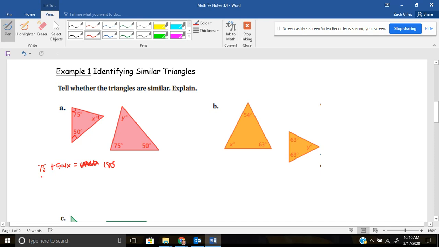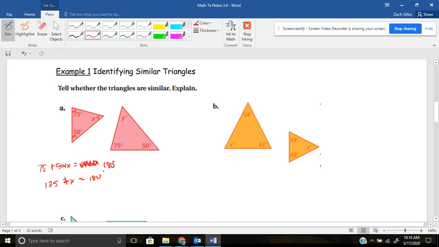So if I could simplify a little bit here, 75 plus 50 would give me 125, plus X equals 180.